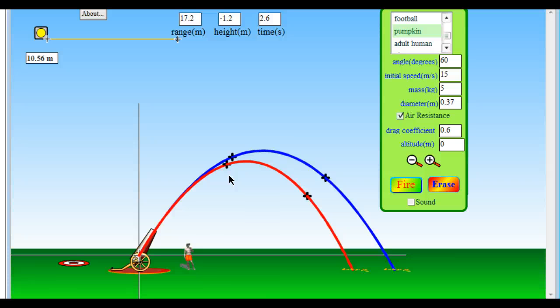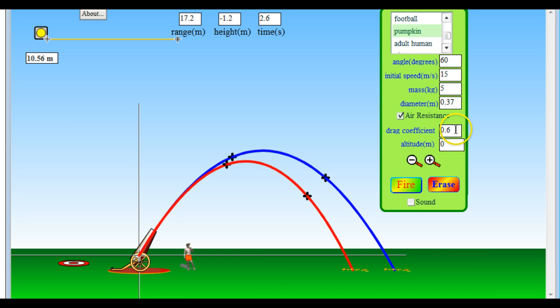Now, because air resistance changes with velocity, that's a fairly complex calculation. So at this point in your career, we wouldn't expect you to be able to figure out the effects of air resistance other than qualitatively, the idea that it's going to reduce both your maximum range and your maximum height. That's going to be your impact.